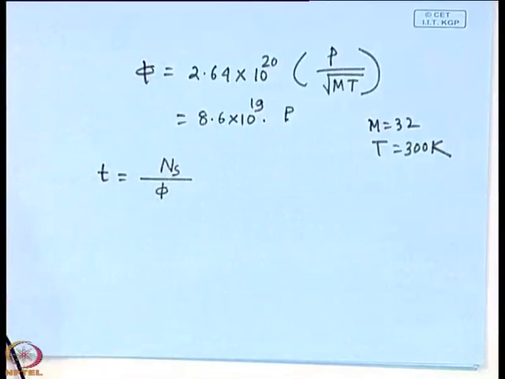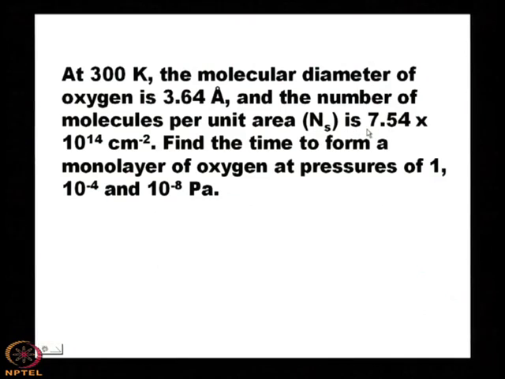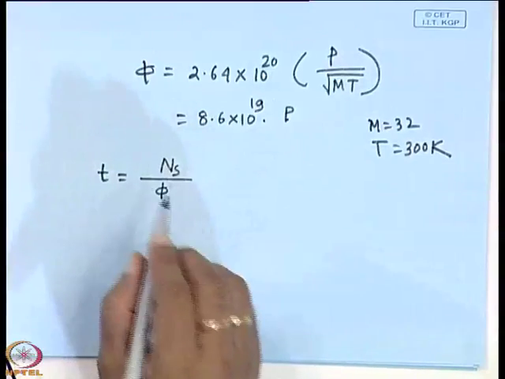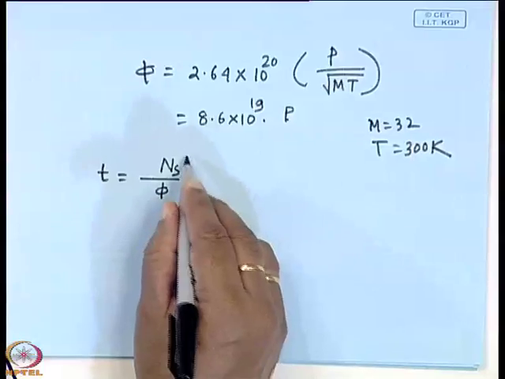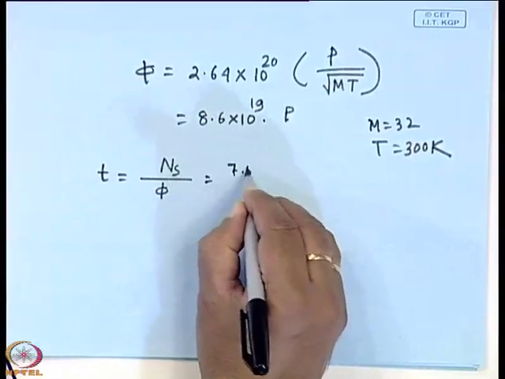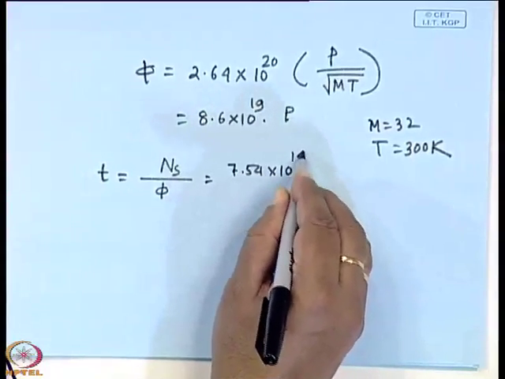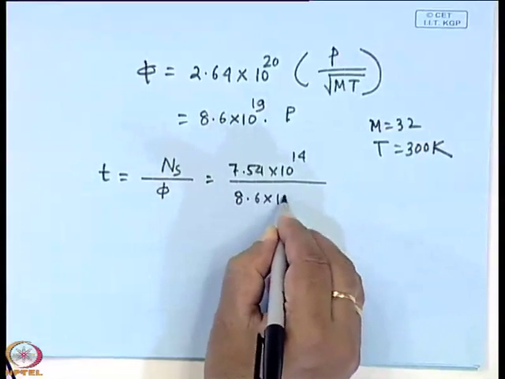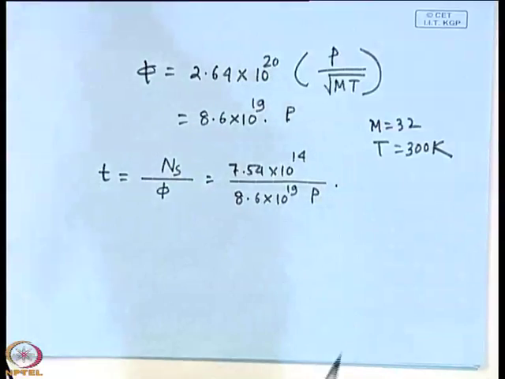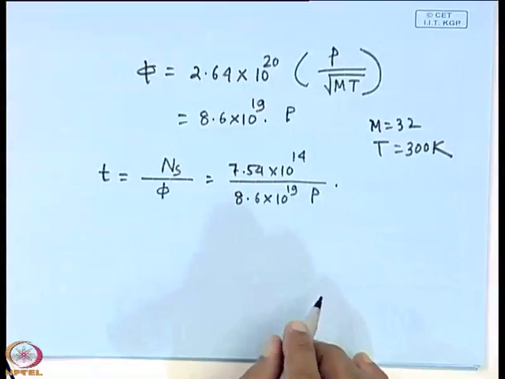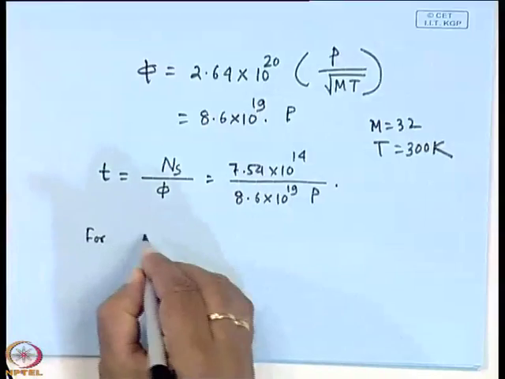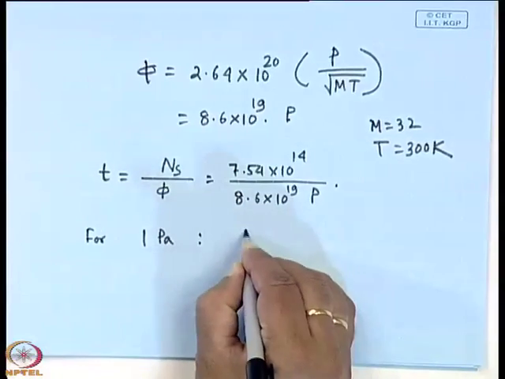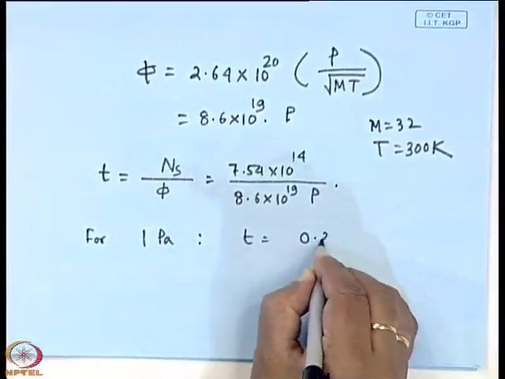Ns is given, the number of molecules per unit area, 7.54 into 10 to the power 14, divided by phi, which is 8.6 into 10 to the power 19 P. For 1 Pascal of pressure, t will be 0.28 millisecond.